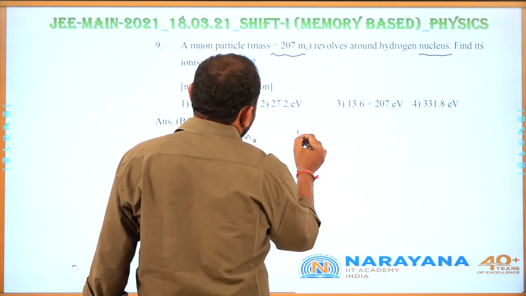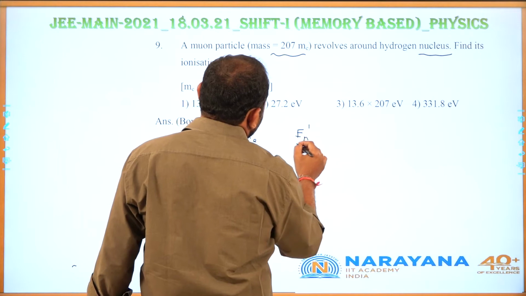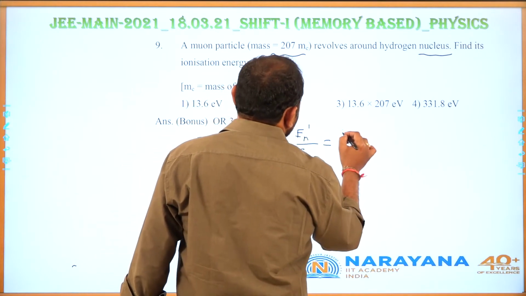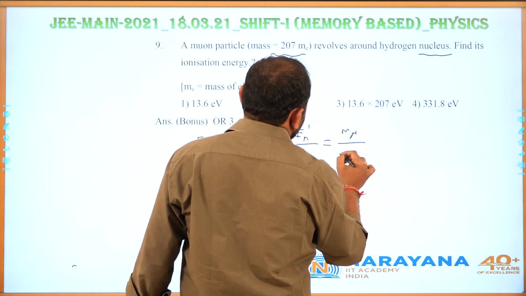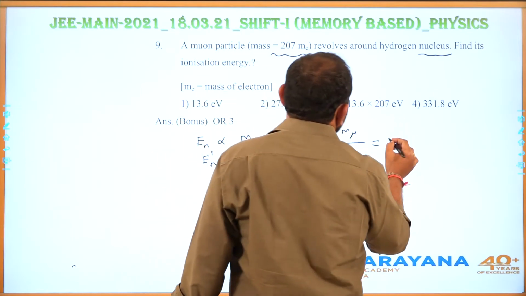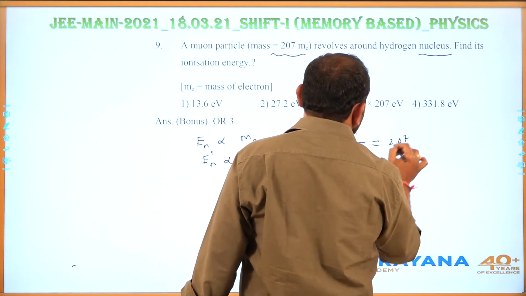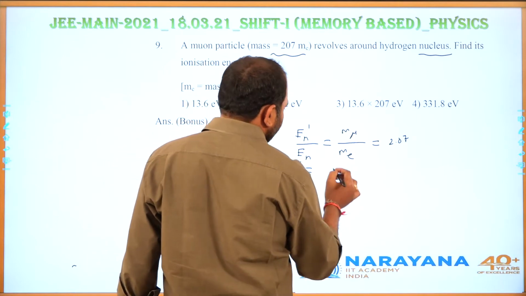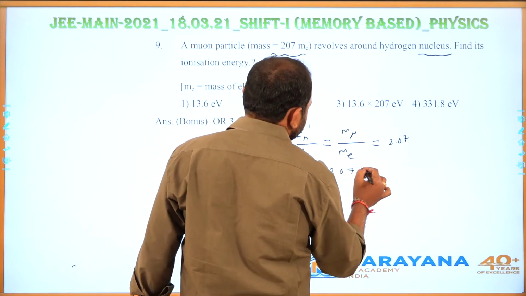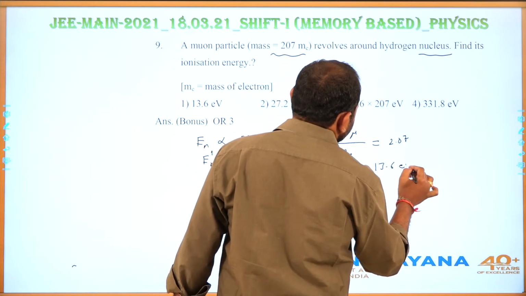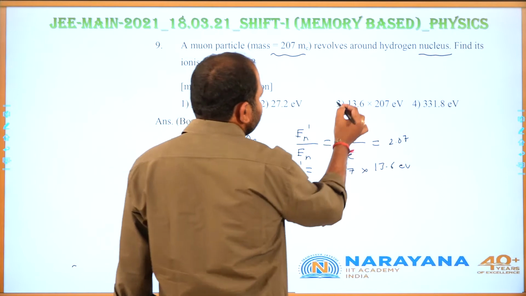Directly we can write En prime by En as mass of muon by mass of electron. This is equal to 207, it is given. In this way we get En prime equal to 207 times the ionization energy, 13.6 electron volts. In this way we get the third option.